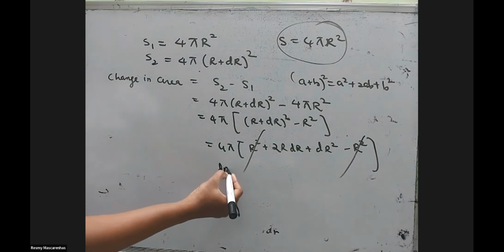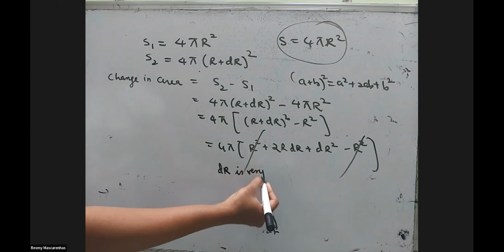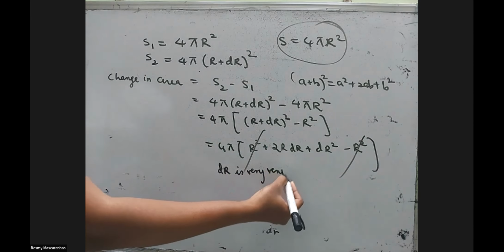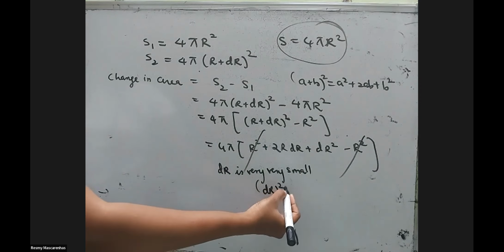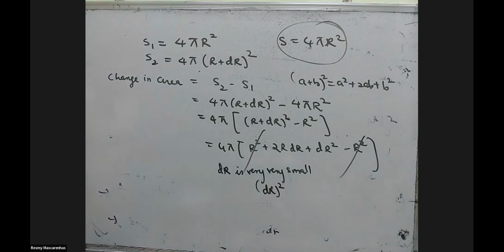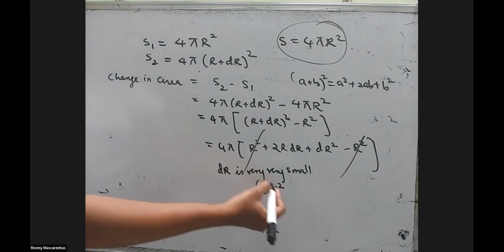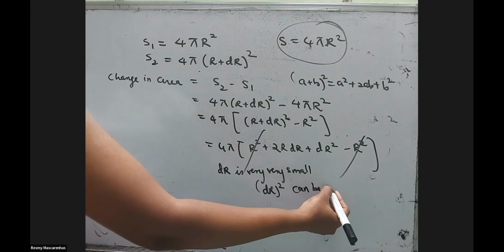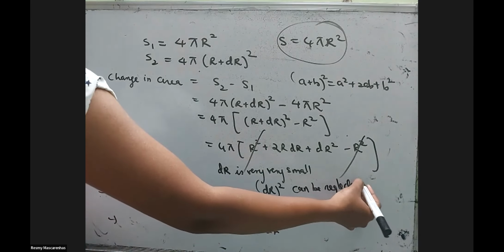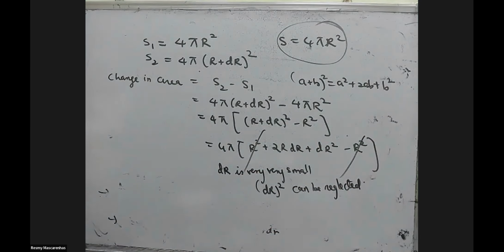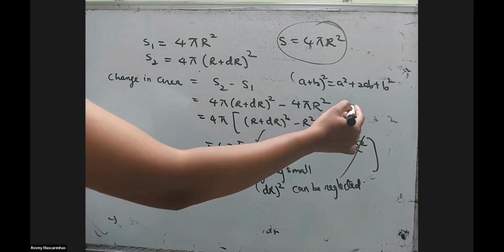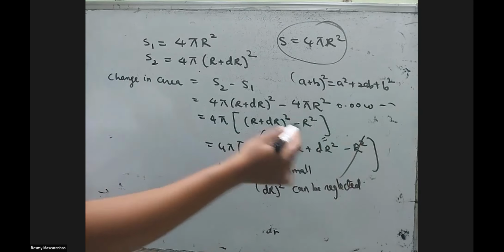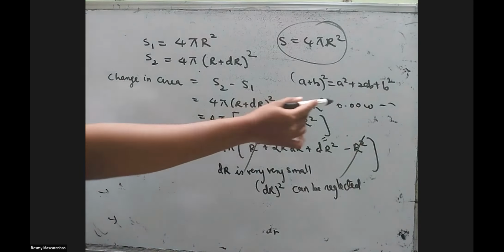dr is extremely small, very small. So dr square will be even smaller than that, so dr square can be neglected. It would be 0.0000 something after squaring, so it's almost taken to be 0.